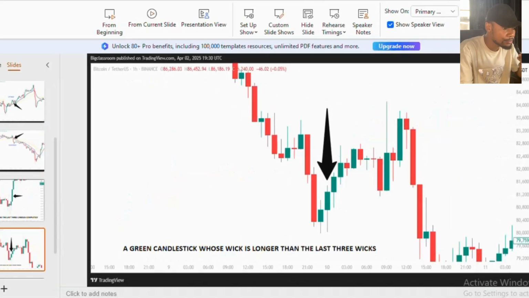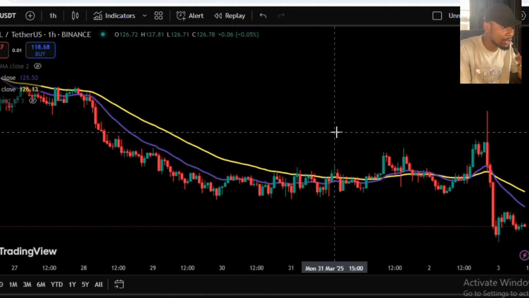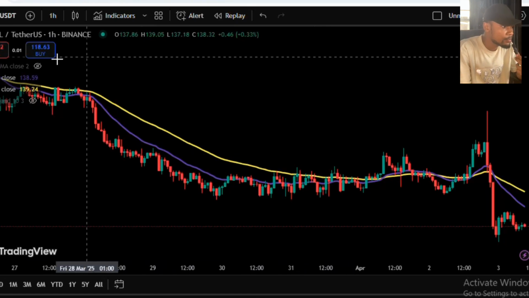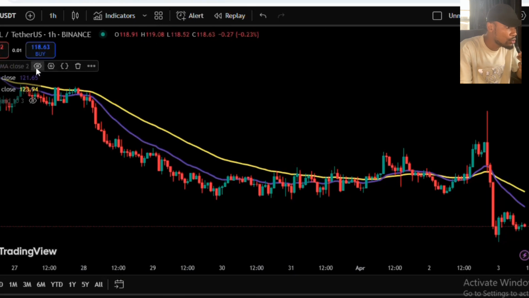Okay, so here is TradingView, and of course you can select any chart you want, whether you're trading futures, stocks, forex, any market at all. All right. Now, first things first, you come to indicators and find your EMA.